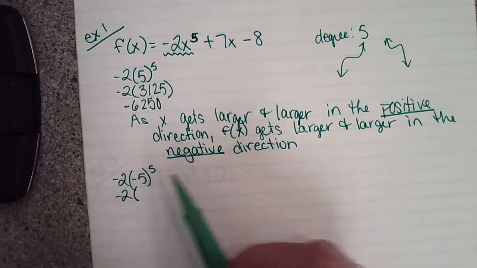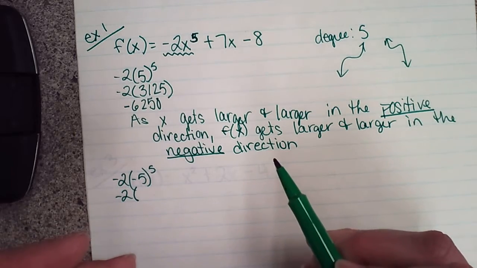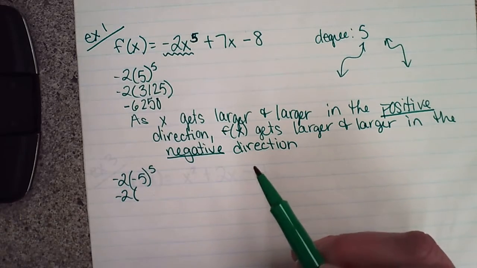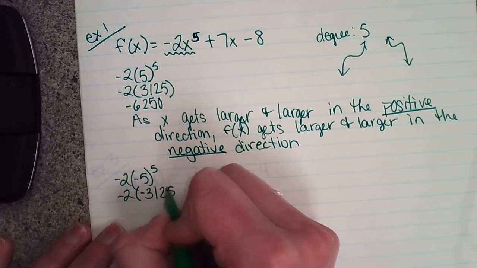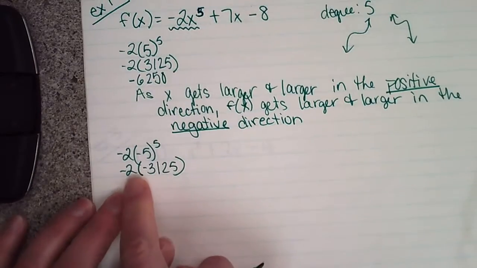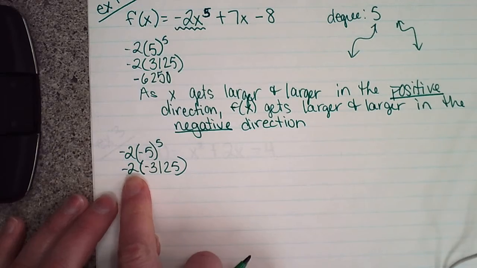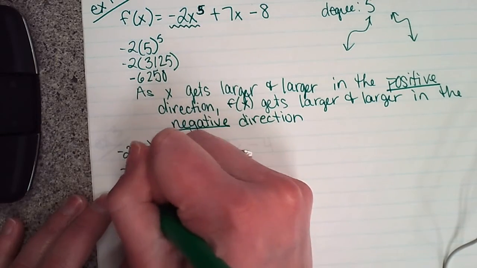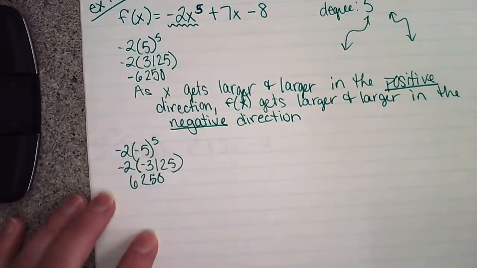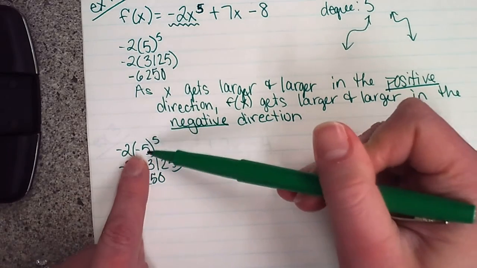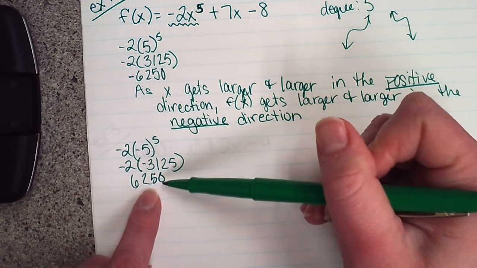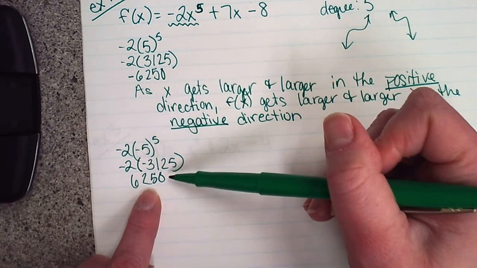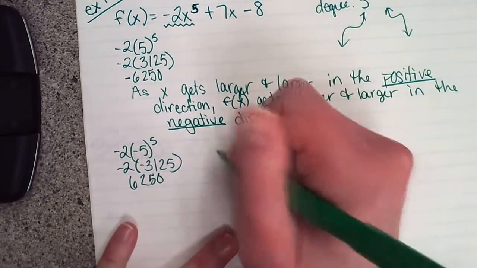So that would be negative 5 times negative 5 times negative 5 times negative 5 times negative 5, which would give me negative 3,125. And now if I multiply a negative times a negative, I end up with a positive value. So this is telling me as I'm plugging in larger and larger negative values for x, I'm going to end up getting larger and larger positive values for my function.